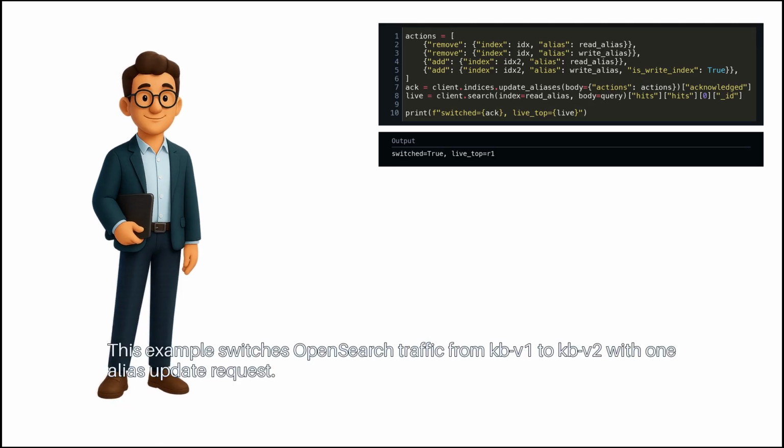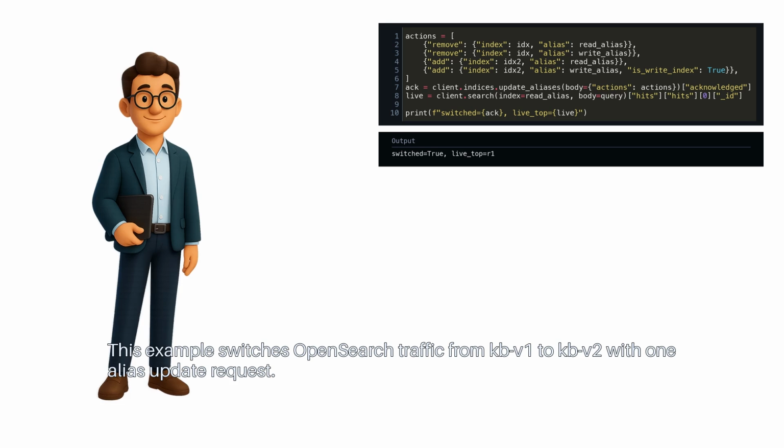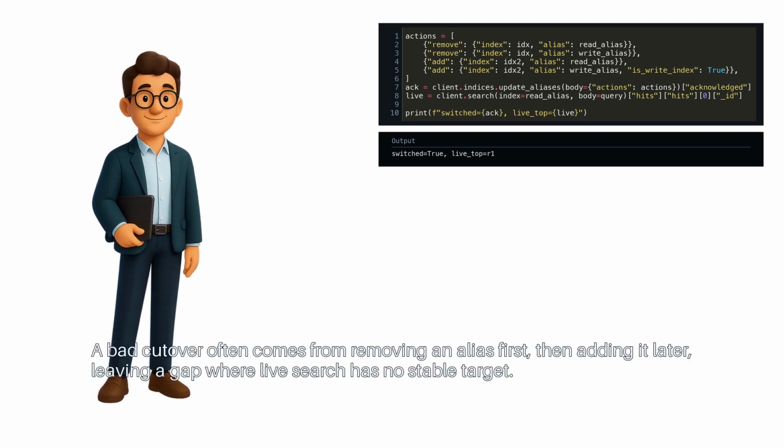This example switches OpenSearch traffic from KBV1 to KBV2 with one alias update request. A bad cutover often comes from removing an alias first, then adding it later, leaving a gap where live search has no stable target.